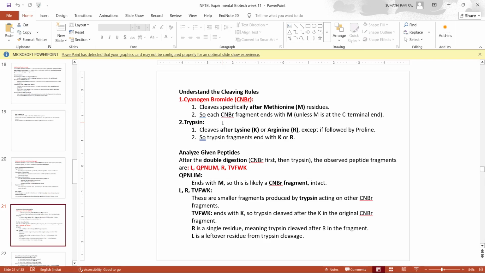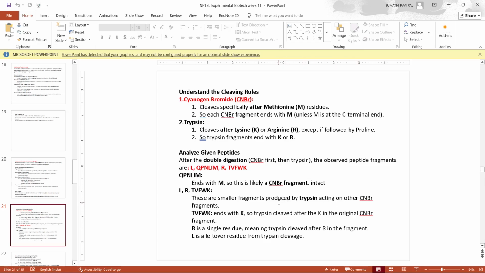So here we have both L and R, and then we also have these two short sequences with M at the end. The M and the N could suggest that it is because of the cyanogen bromide fragment. And then we also have LR in this fragment. So these smaller fragments are produced by trypsin acting on the other CNBR fragments.